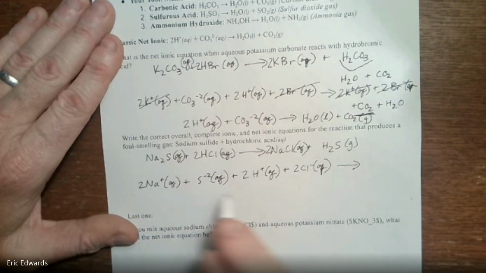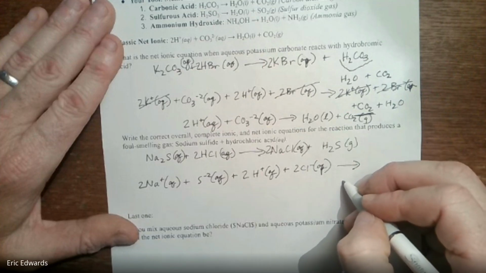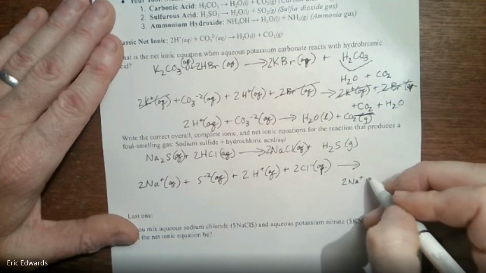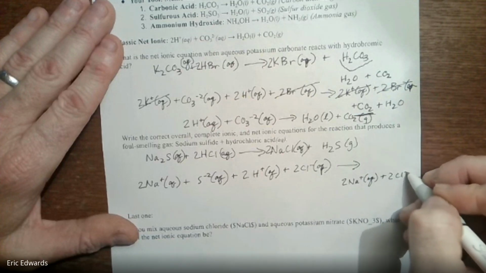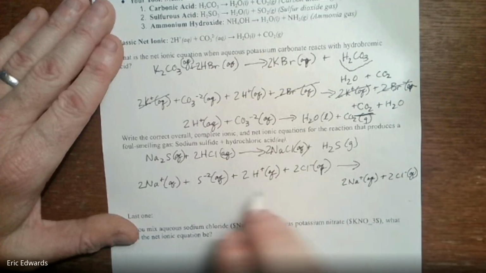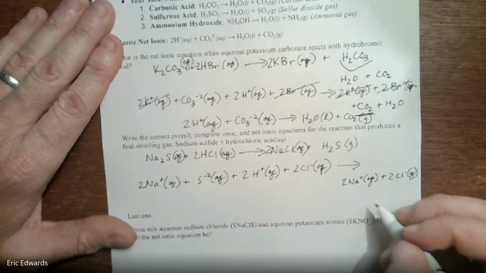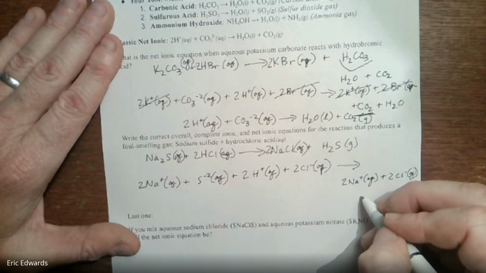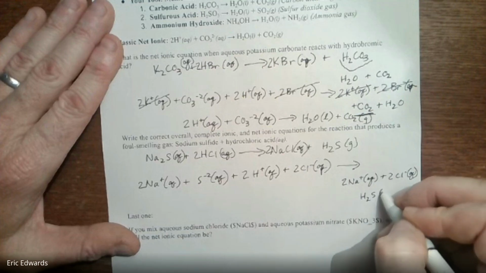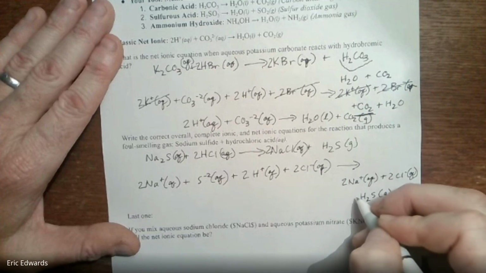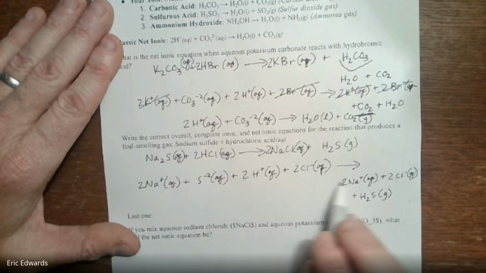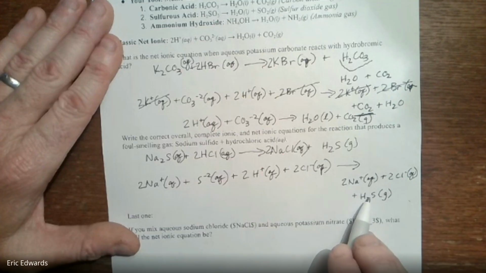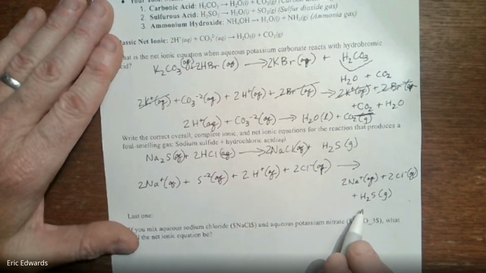And what I find here is I'm going to get my 2Na plus aqueous plus my 2Cl minus aqueous, and I'm going to end up with H2S gas. Notice this stays together, the two ions go together. This is going to bubble up above it, and it's going to be foul smelling. It's going to smell like rotten eggs.